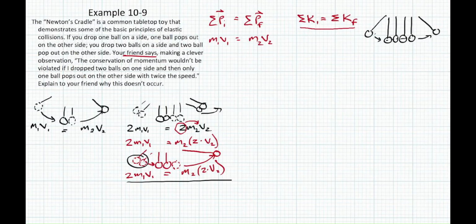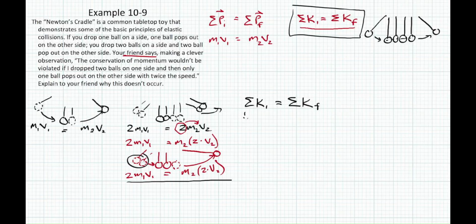Well, the answer goes back to kinetic energy. Not only do we have to worry about balancing momentum, but we also need to worry about balancing kinetic energy. In an elastic collision, the total system kinetic energy before the collision is equal to the total system kinetic energy after the collision.